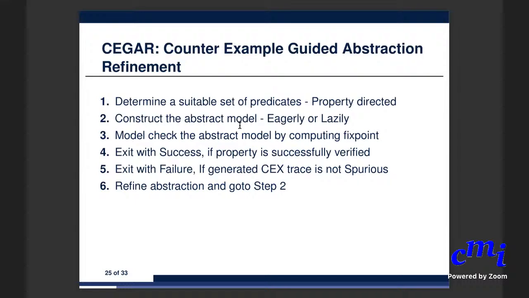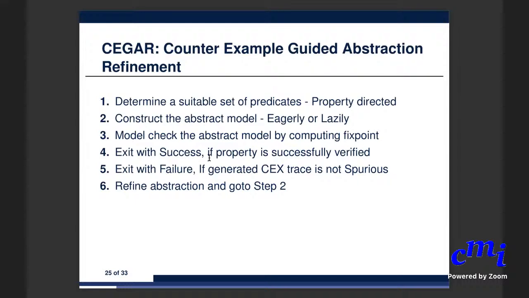You construct an abstract model, and we saw how to do that. You can do this either eagerly or lazily, by constructing a crude over approximation to begin with. Then you model check the abstract model by computing a fixed point. Hopefully that is scalable because it's a finite state system.